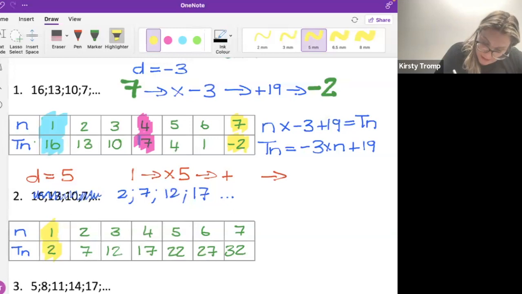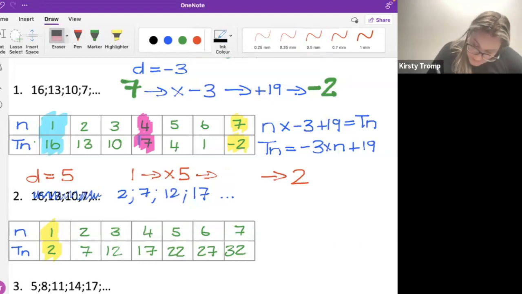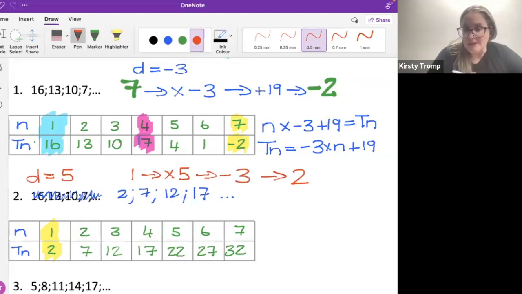So when my position is 1, then my term will give me 2. So 1 times 5 is 5. And what do I add to 5 to get to 2? Well, I know I'm not going to be adding something. 5 minus 3 gives me 2.